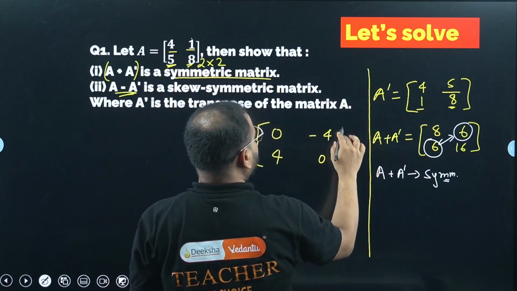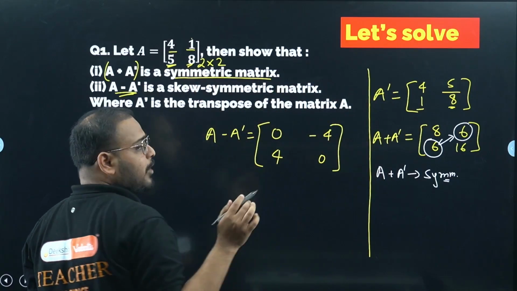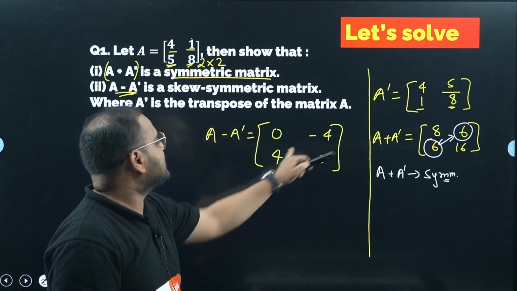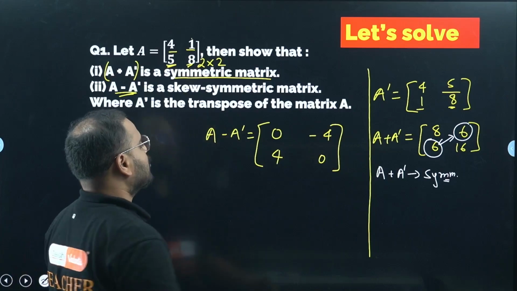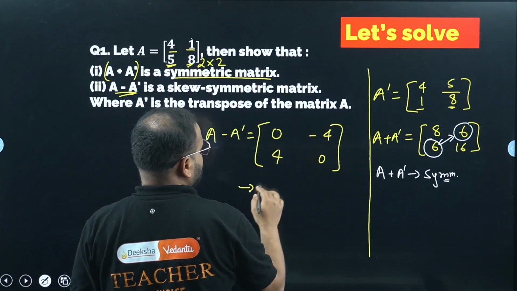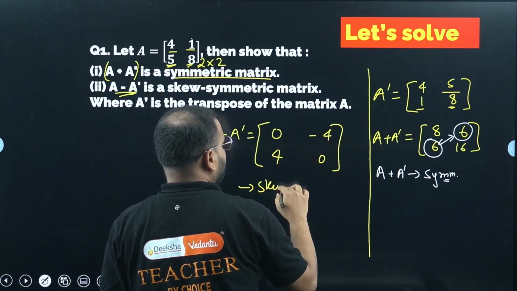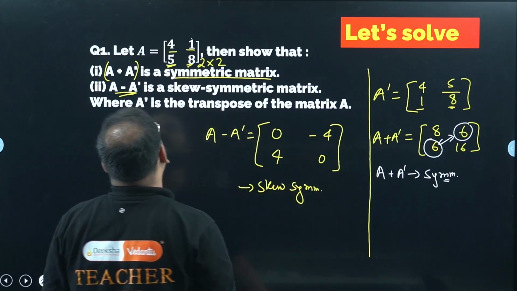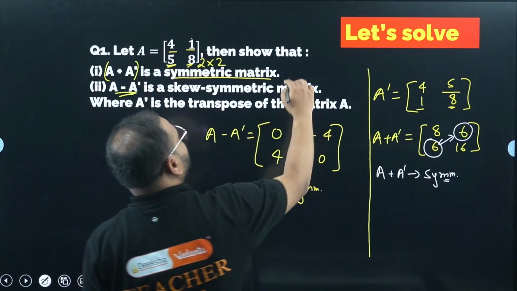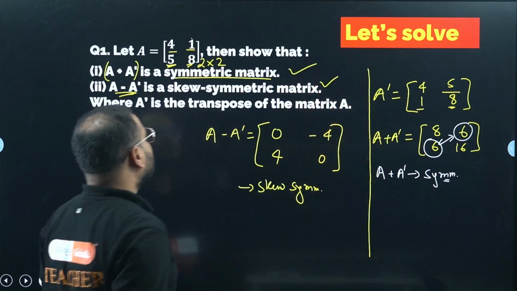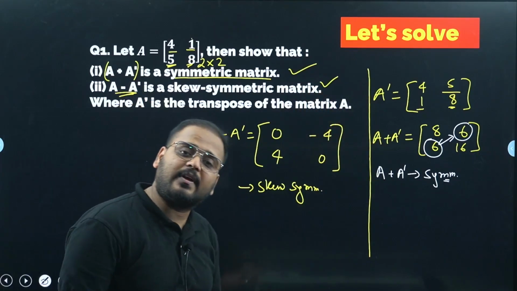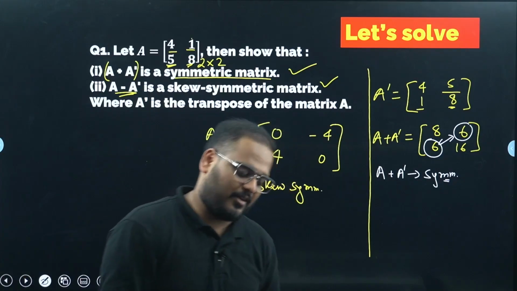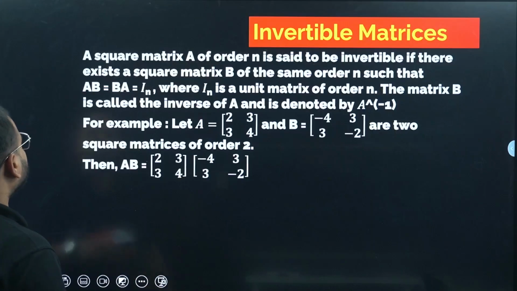What is the property of a skew symmetric matrix? Diagonal elements are 0, and this is 4 and this is minus 4. It means it is skew symmetric. So the second one is also proved. We proved A plus A dash is symmetric and A minus A dash is skew symmetric for any square matrix A. Okay, let's move on.